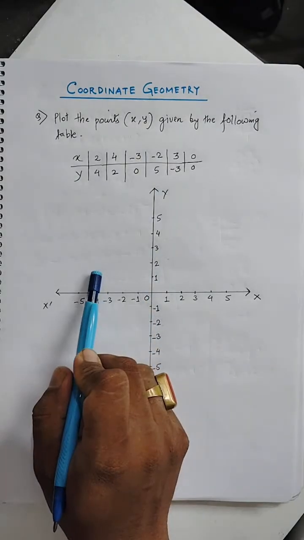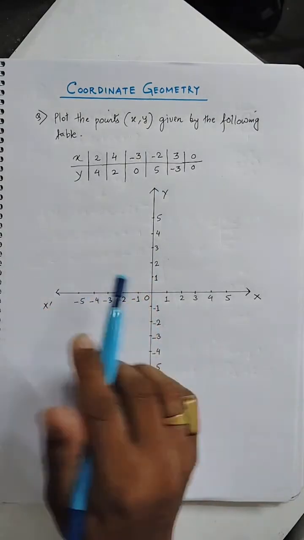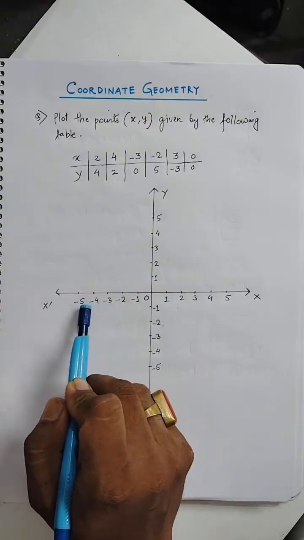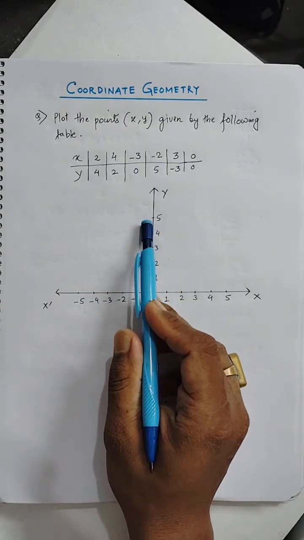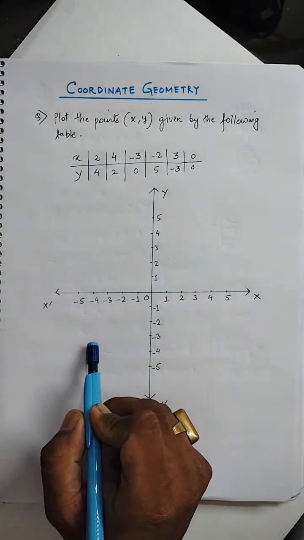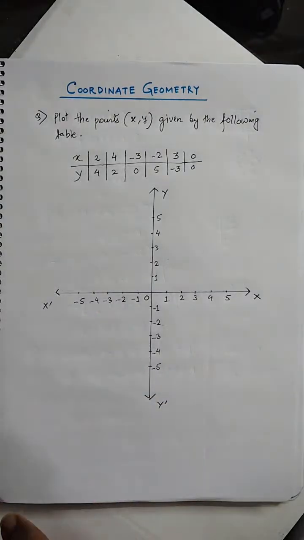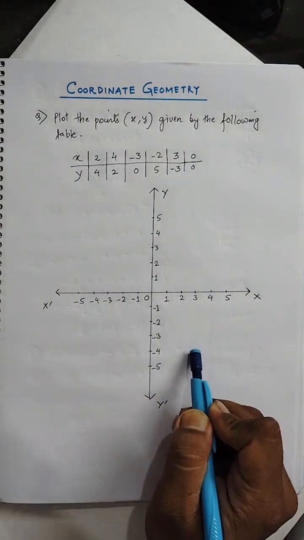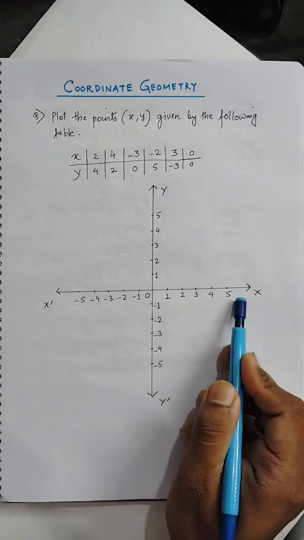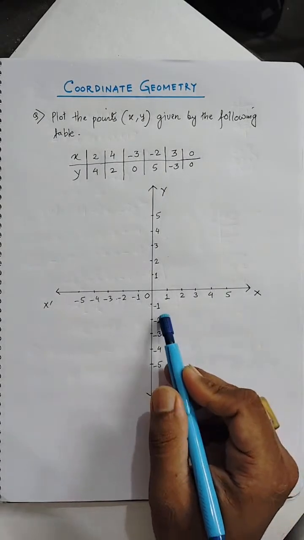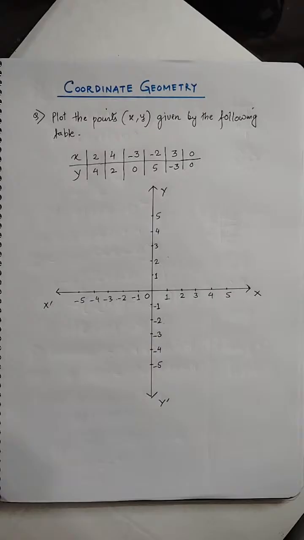In the second quadrant, the x coordinates are negative while the y coordinates are positive. This is the third quadrant. Here both x and y coordinates are negative, and this is the fourth quadrant. Here the x coordinates are positive while the y coordinates are negative.